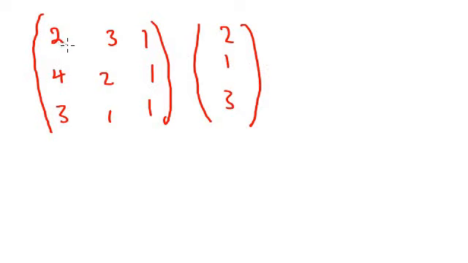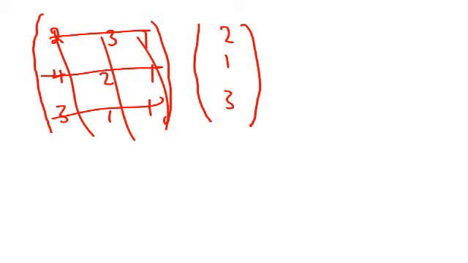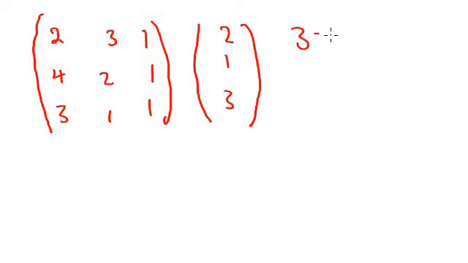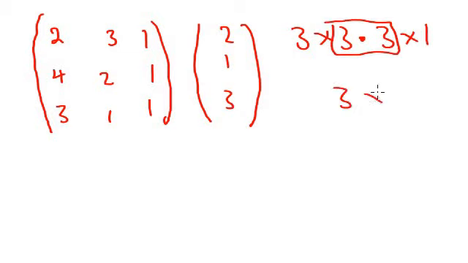Let's see. What is the dimension of the first matrix? First row, second row, third row. First column, second column, third column. So that's a 3 by 3 matrix. So we are multiplying a 3 by 3 matrix by a matrix with first row, second row, third row, and first column. So that's a 3 by 1 matrix. These are equal, so we are having a 3 by 1 matrix at the end of the day.